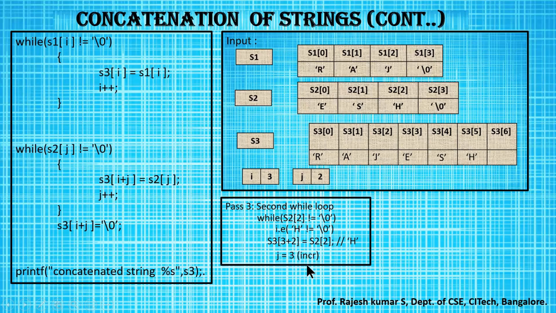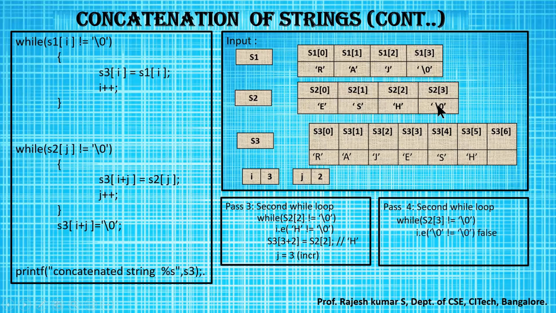Then again, we are incrementing the j value. J becomes 3. Now we are checking S2 of 3 not equal to null. Is S2 of 3 not equal to null? No, it is null. The condition becomes false. Now it indicates that the second string is read completely. We have finished reading the second string, but you know that at the end we have to insert a null value to tell this is a string.